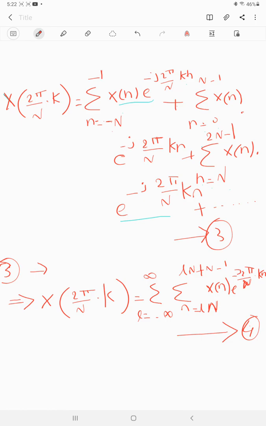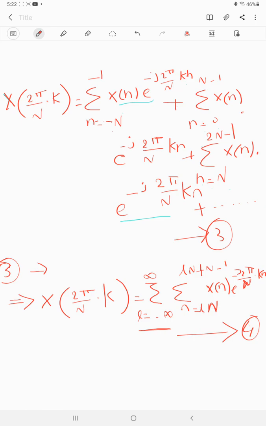In this equation, if you observe, L is ranging from minus infinity to infinity. L can take values from minus infinity to infinity. If you take L equal to 0, then the summation will be n equal to 0 to N-1, and we get the above term.